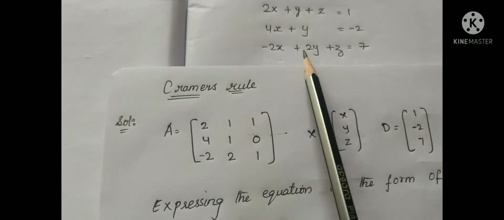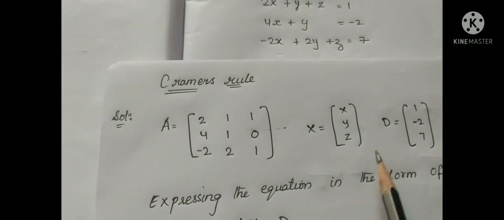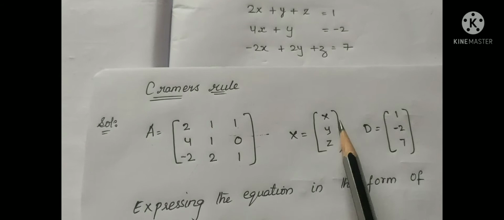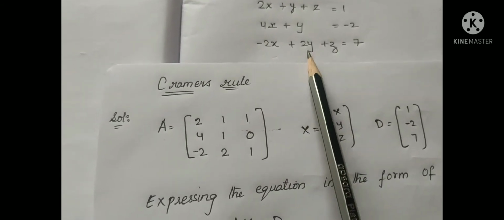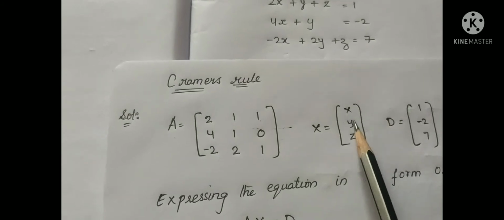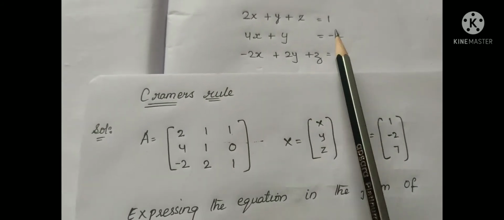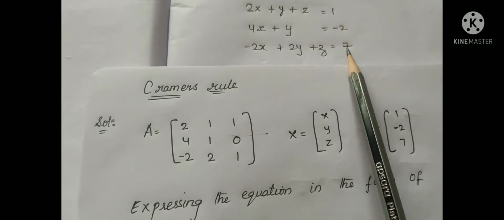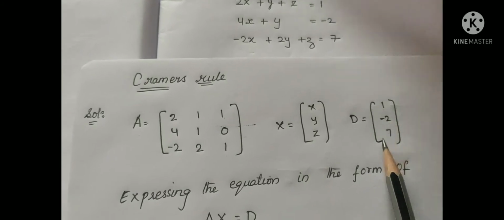Third, -2, 2, 1. We got matrix A. Next, X is the variables we are using here: x, y and z. D is the constants. What are the constants here? 1, -2, 7. So D is 1, -2, 7.